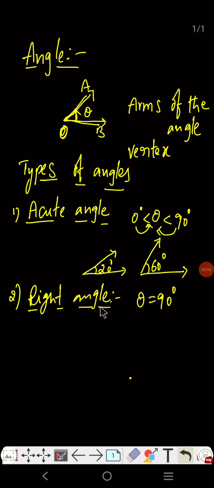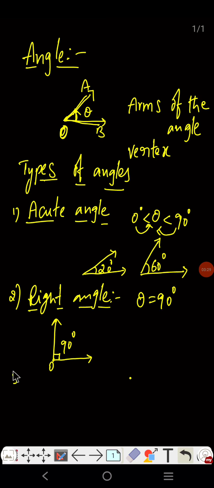We can show the diagram like this. Both rays are intersecting at exactly 90 degrees. If the angle is exactly 90 degrees, then it is called a right angle.